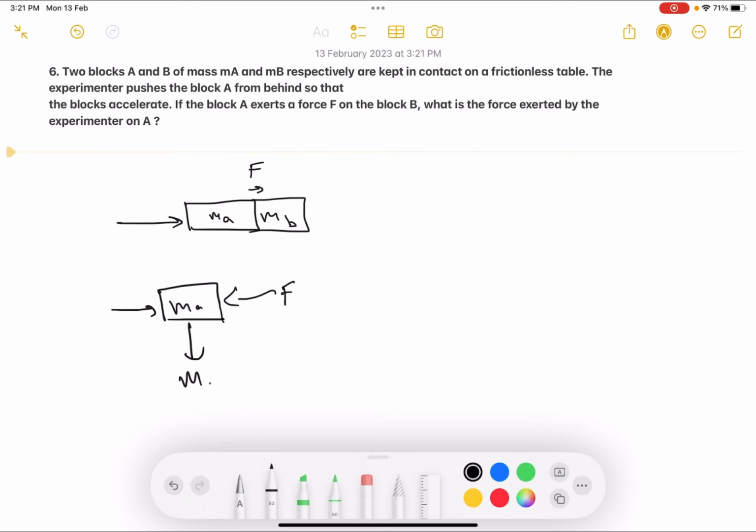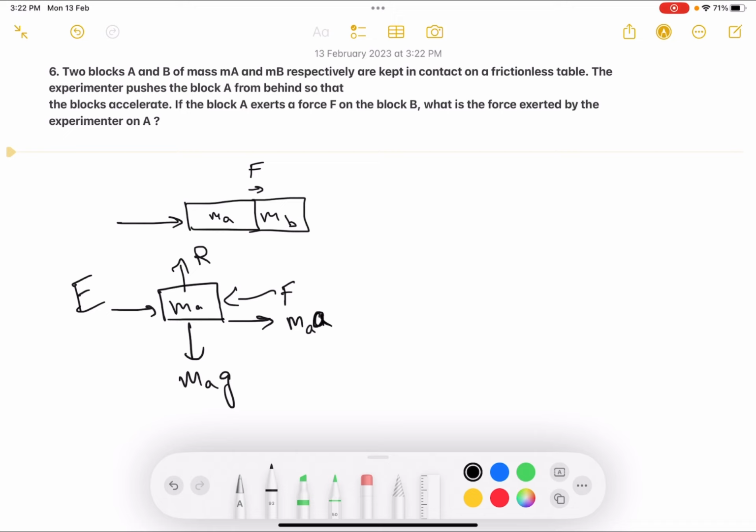We have a force of MAG downward, we have R upward, and we have a force E from the experimenter that is being exerted in this direction.